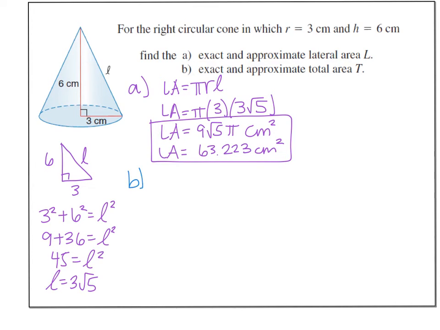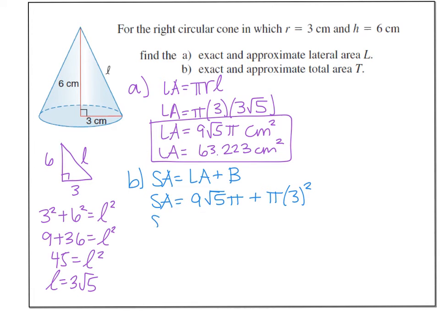Now, for the surface area, it's a little different. We know that we're going to take the lateral area, but we have to add on that base. So that's good. We already have the lateral area done for us. When I want my exact surface area, I use my exact lateral area. So that's 9 root 5 pi plus the base. And the area of my base is pi r squared, so pi times 3 squared.